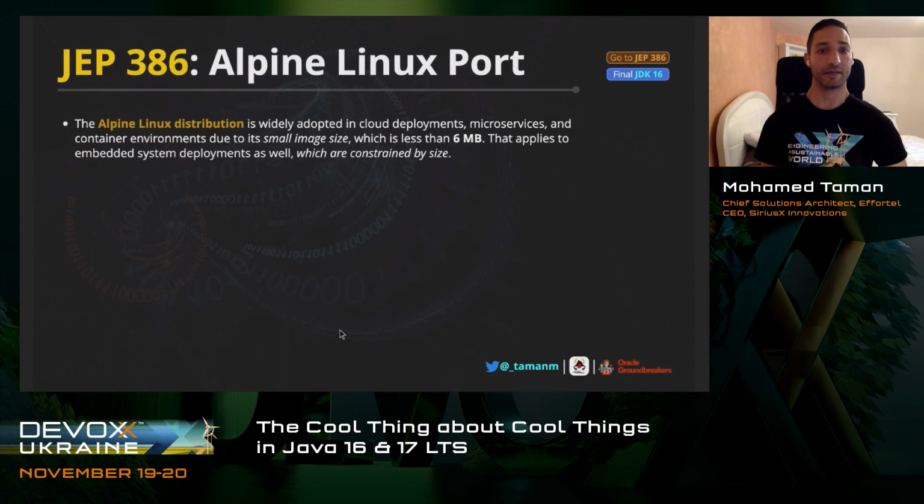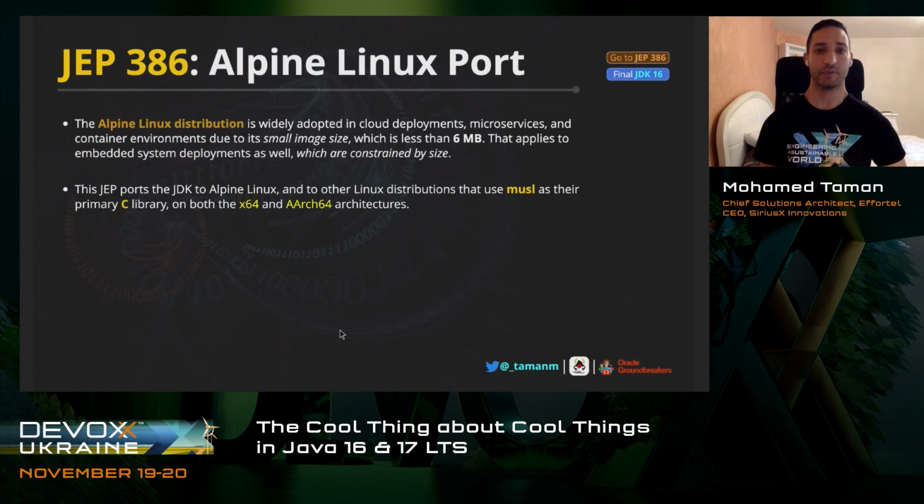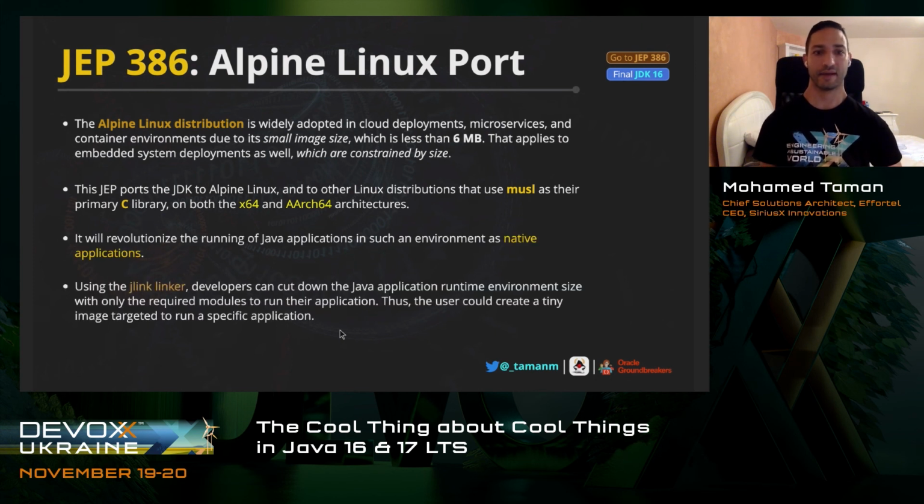We now have the Alpine Linux port, which will really reduce the size of your package, especially if you are using Docker, and it will be less than 6 megabytes plus the size of your application. And this is very nice. If you also use the jlink tool to create a customized runtime for your application and containerize it, it will be a really tiny application, and it's really applicable for Docker running on cloud environments.